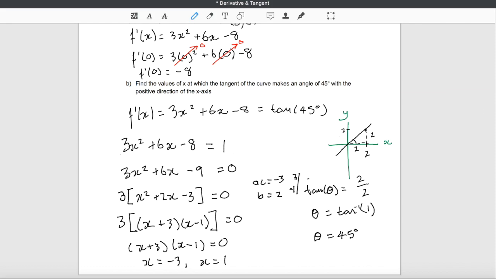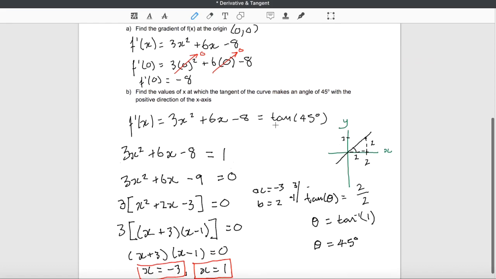So at these points here, the tangent at these points would make a line that has an angle of 45 degrees with the x-axis.